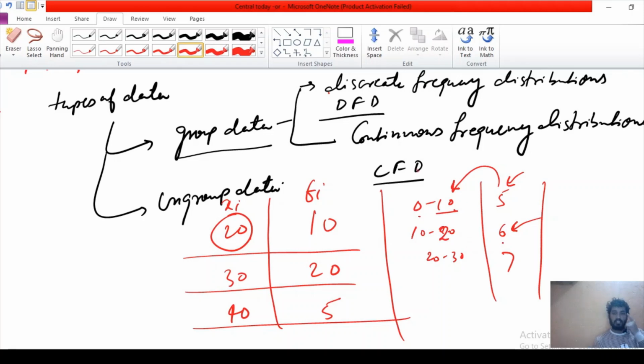So this is our continuous distribution. And ungrouped means each person has different data from the other, like 2, 3, 4, 6, 7. One person has 2 marks, second person 3, third person, fourth, and so on. So this is our ungrouped data.